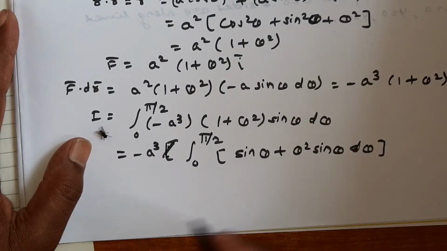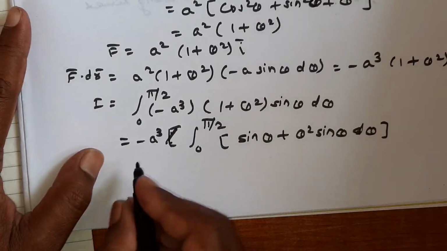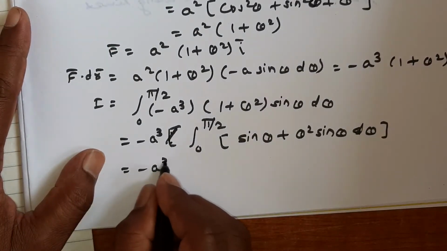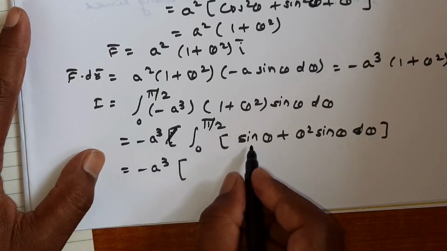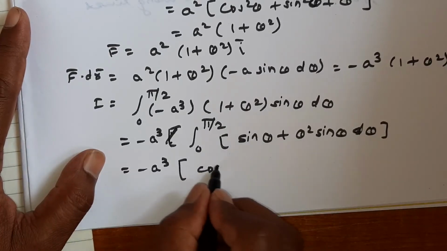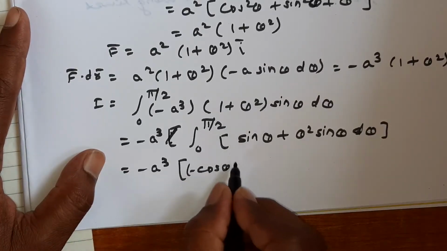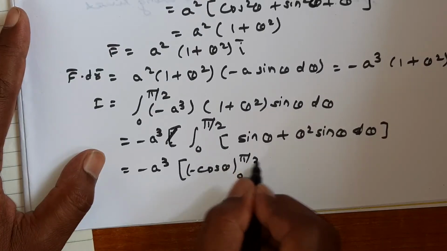Correct? Now we can simplify this. Minus a cube. For the integral of sin theta from 0 to pi by 2, we can take minus cos theta, 0 to pi by 2 limit.